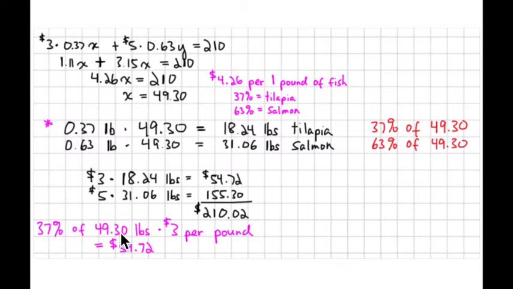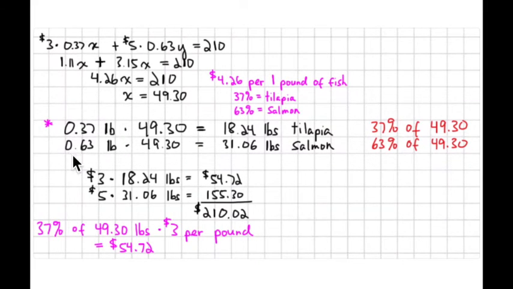And then you're going to multiply that times 5. It's going to be 31 and 6 hundredths times 5. And you're going to spend $155.30 for that. So we're getting to the point where we're going to start talking about these amounts that you split as percent. 37% and 63%.